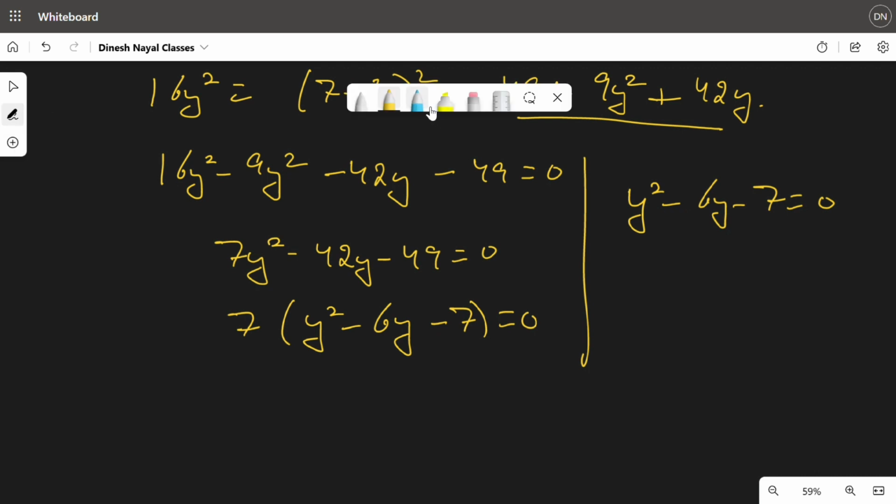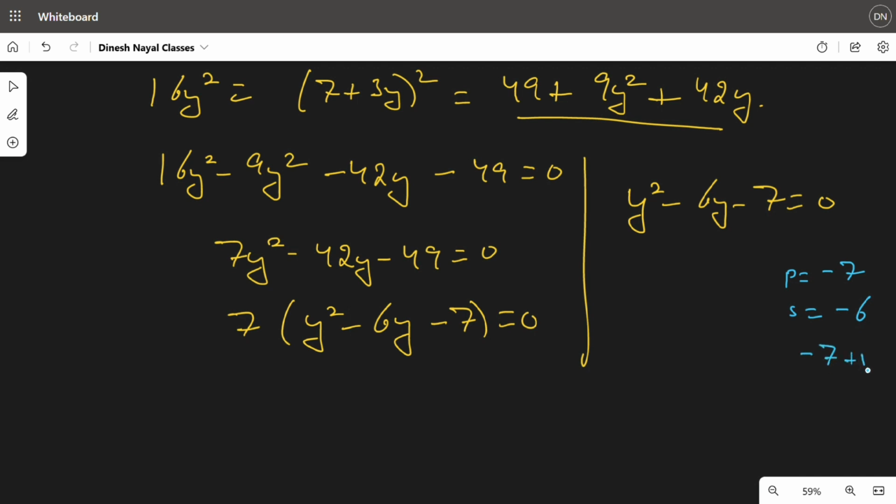Now see, you have to do the middle term splitting. Coefficient of y square is 1 and this is minus 7. So 1 into minus 7 is minus 7. Means you have to find two numbers whose product is minus 7 and the sum is minus 6. Actually the numbers will be minus 7 and 1 only. Because the product of minus 7 and 1 is minus 7, and the sum of minus 7 plus 1 is minus 6.